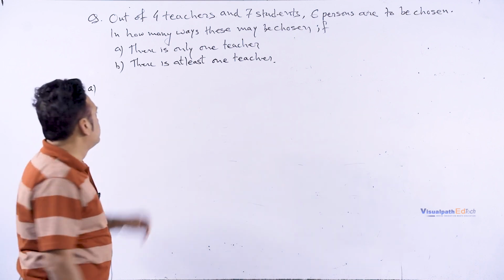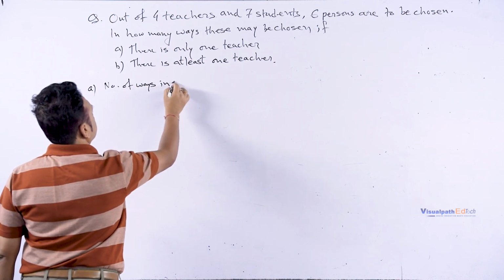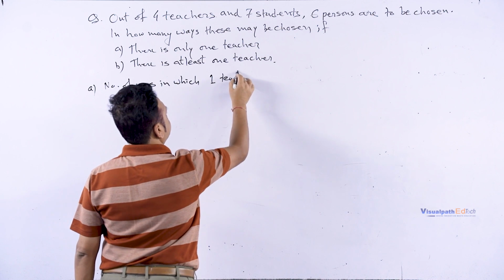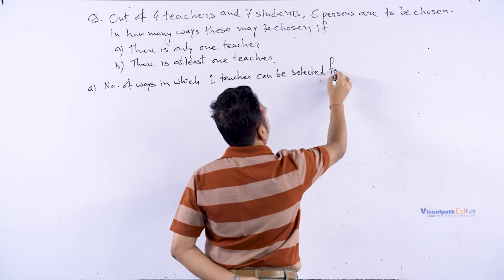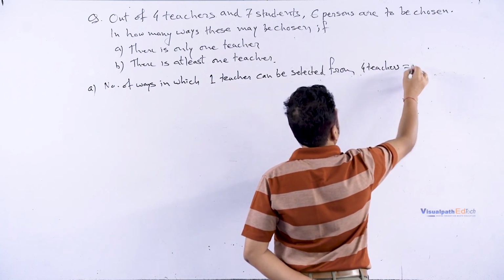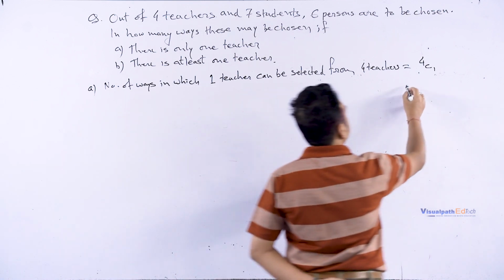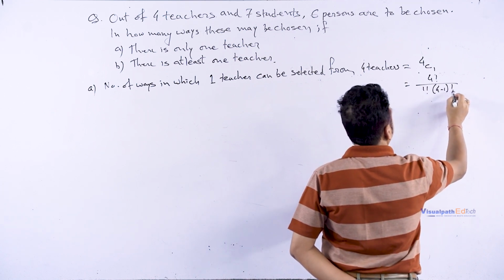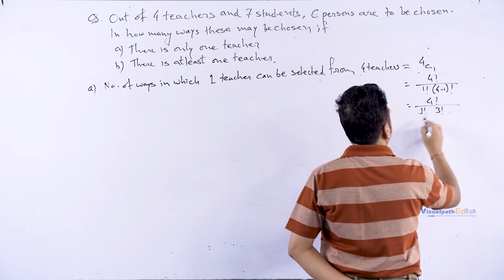If there is only one teacher, we will write: number of ways in which one teacher can be selected from how many teachers? 4 teachers, is equal to 4C1 ways. 4C1 is equal to factorial 4 by factorial 1 into factorial 4 minus 1, which is factorial 4 by factorial 1 into factorial 3.